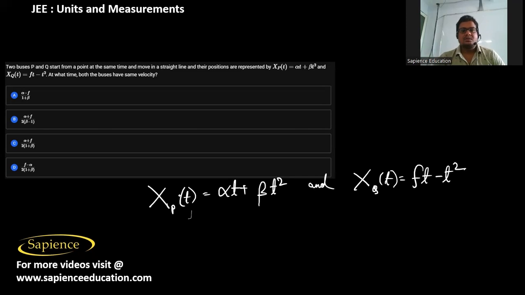Here xp of t is the position of the bus P at any time t. Similarly, xq of t is the position of the bus Q at any time t.